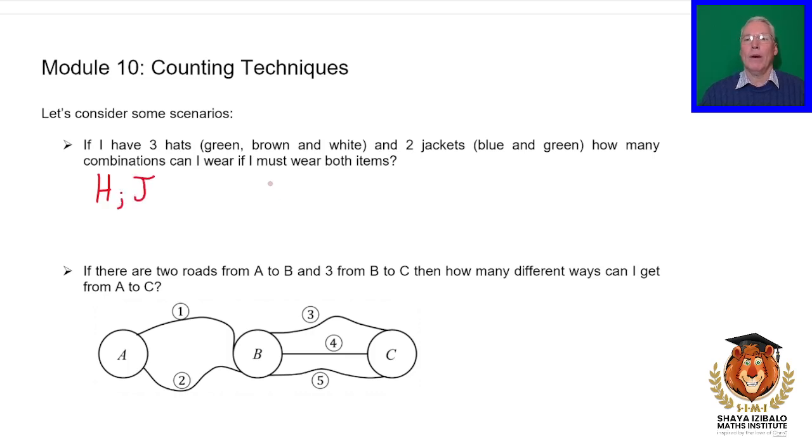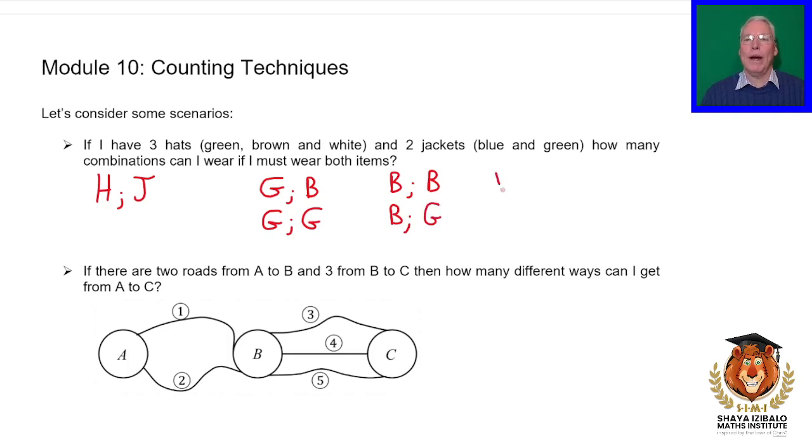So one option would be to wear the green hat with the blue jacket. Another option would be to wear the green hat with the green jacket. Those are the only options of wearing the green hat. But then I could wear the brown hat with the blue jacket, or the brown hat with the green jacket.